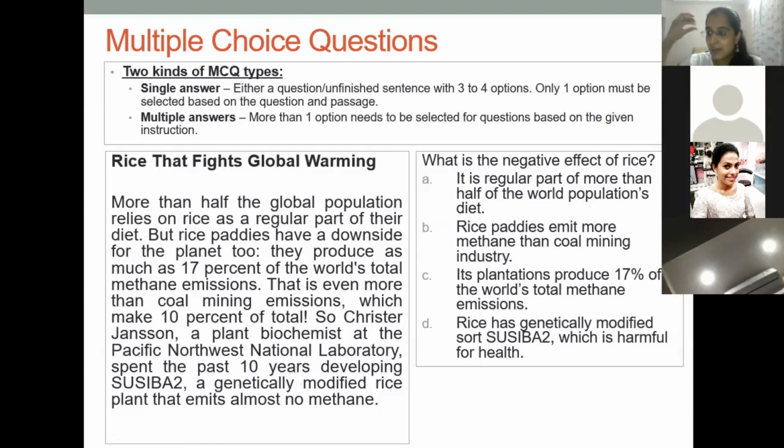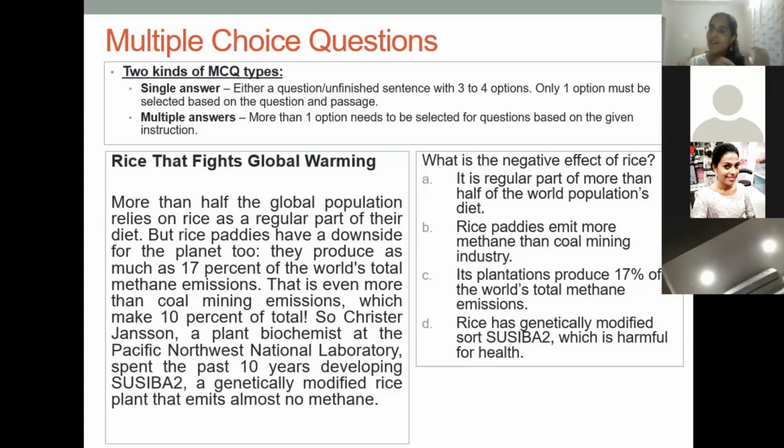And multiple choice questions basically in IELTS are either unfinished sentences or questions or some information from the passage along with some 3 or 4 options given to you, out of which one is correct. Or one or many are correct based on the kind of multiple choice question.